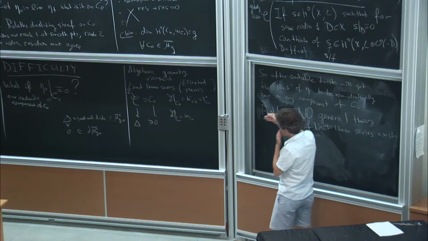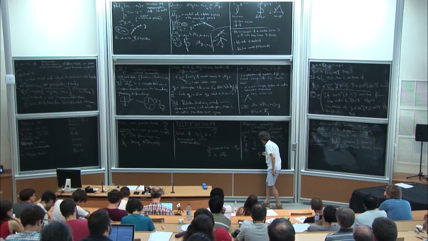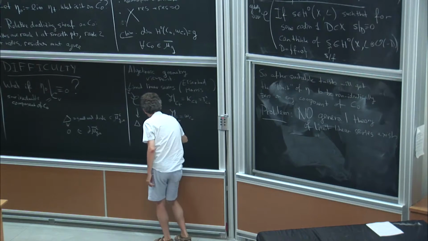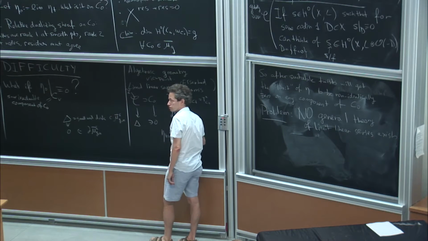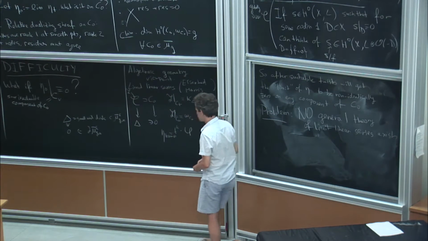So what does this procedure correspond to? It means I somehow rescale in the family. So if my eta 0 was like t to the k, near 0, times something else, I basically take out the vanishing order. But you need to do this in a smart way.